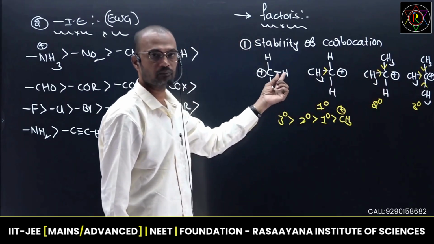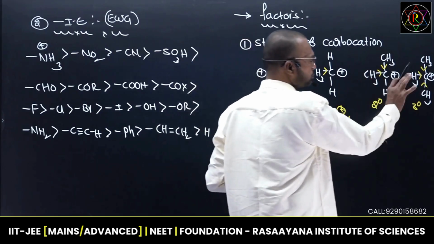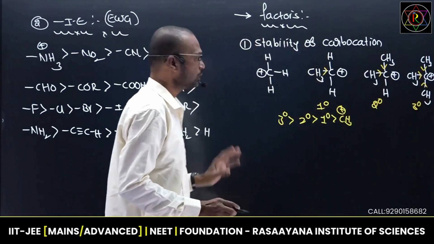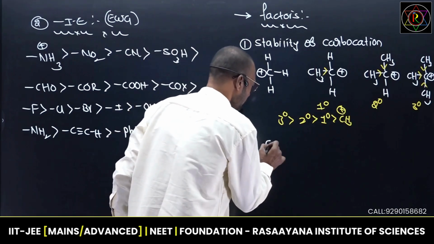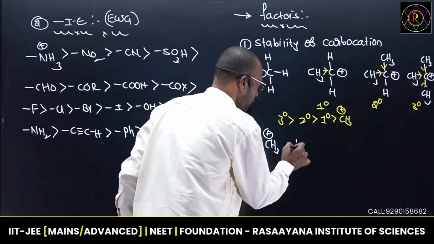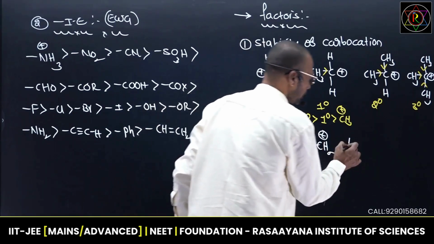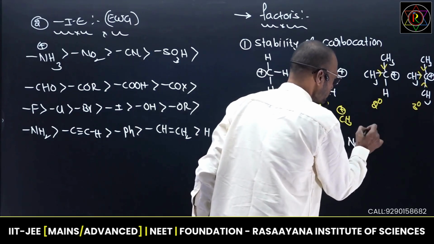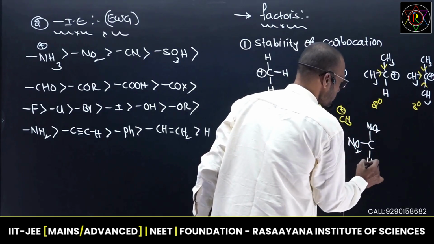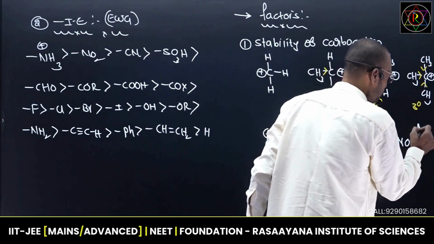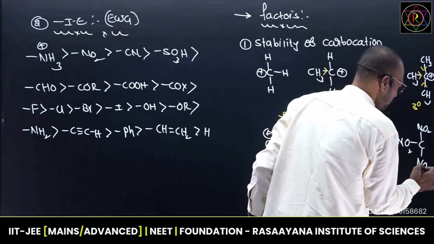So this is the key reason for the stability of tertiary being very high as compared to secondary as well as primary. Because methyl is a releasing group through covalent bond, 3 donors are there, so it is found to be stable. Okay, and if I take any electron withdrawing group, see I am writing nitro as an electron withdrawing group, CH2 plus, and I am writing 2 electron withdrawing groups, here hydrogen and this is plus, and I am writing 3 electron withdrawing groups, nitro, nitro and one more nitro.